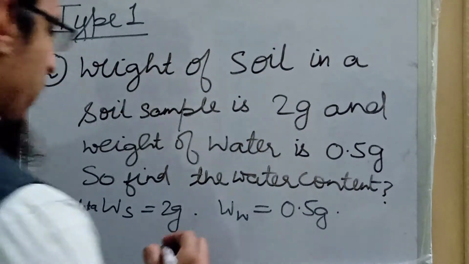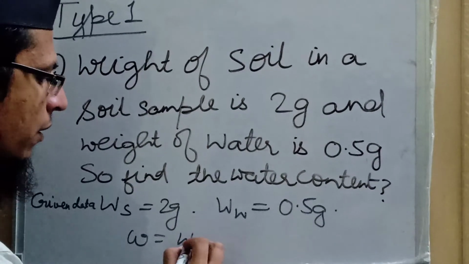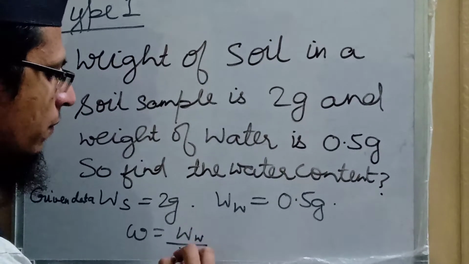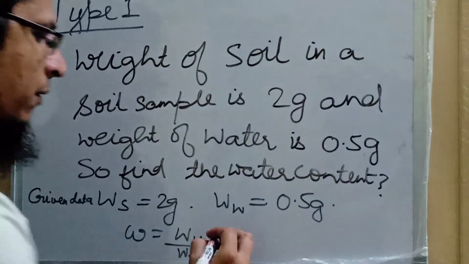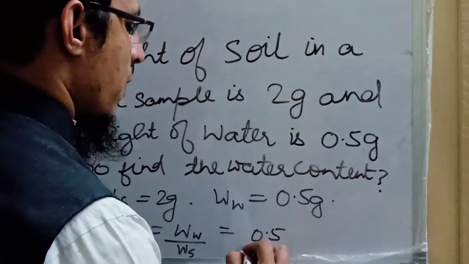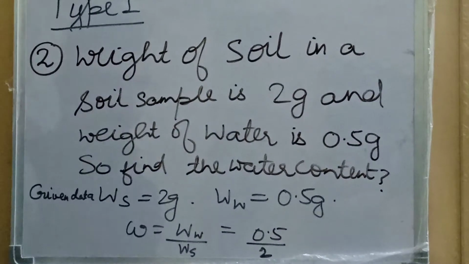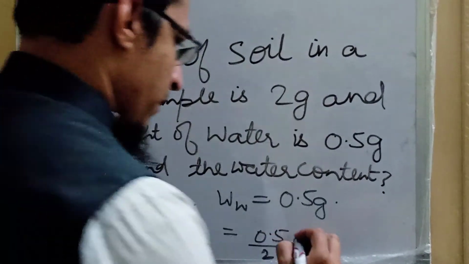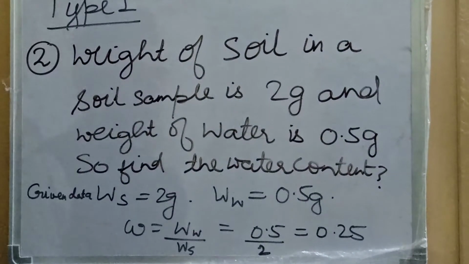And we know that water content, represented by small w, is weight of water upon weight of solid. So we are given both the quantities. We can simply write 0.5 upon 2, that is 1/4 or 0.25.